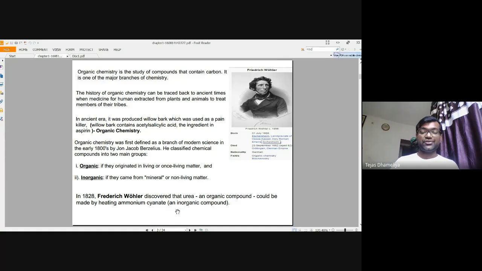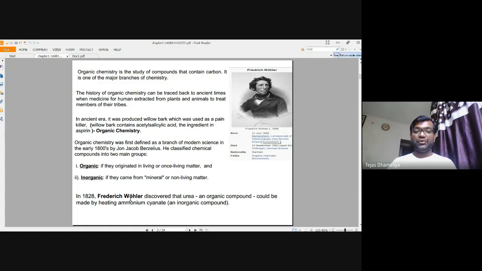Ammonium thiocyanate, NH4SCN, is also there. In 1828, roughly 200 years ago, 192 years before 2020, Wöhler discovered this urea.